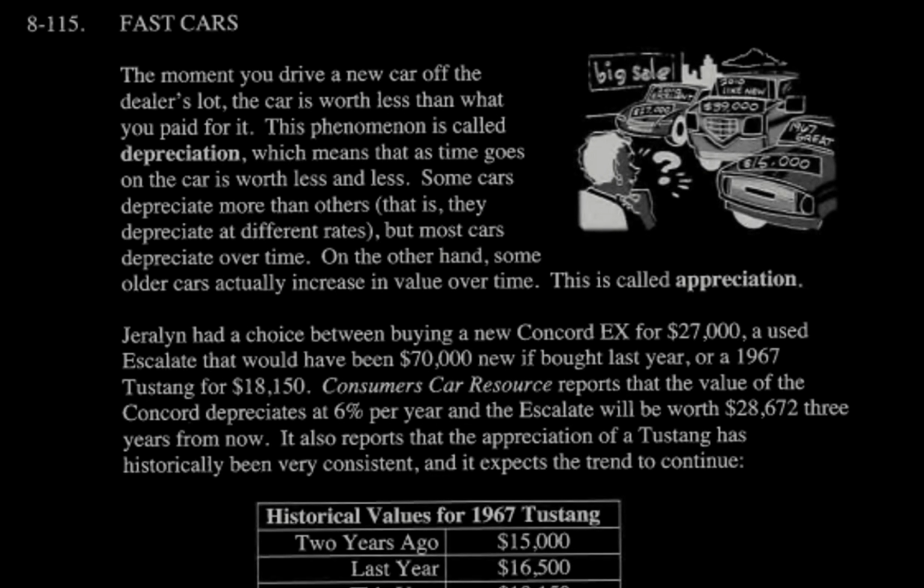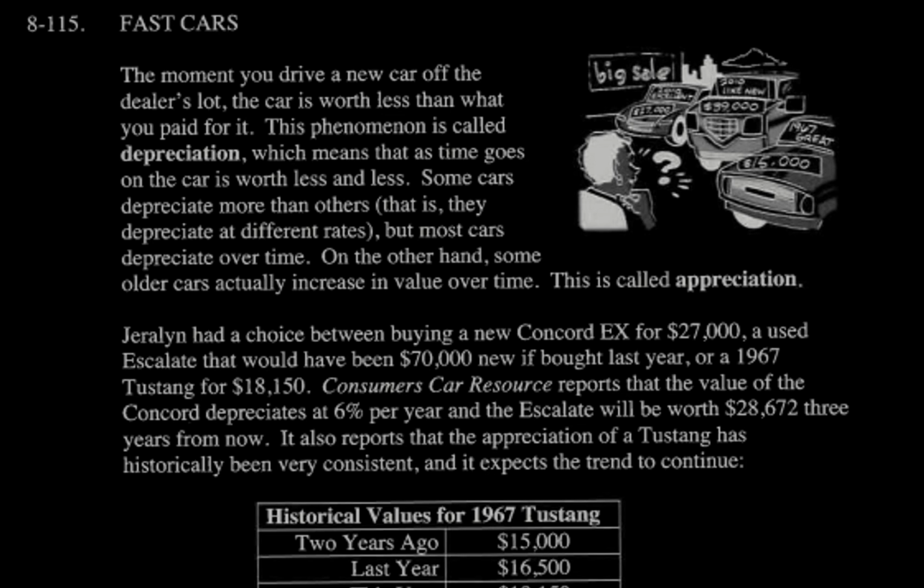The moment you drive a new car off the dealer's lot, the car is worth less than what you paid for it. This phenomenon is called depreciation, which means that as time goes on, the car is worth less and less. Some cars depreciate more than others. That is, they depreciate at different rates, but most cars depreciate over time.